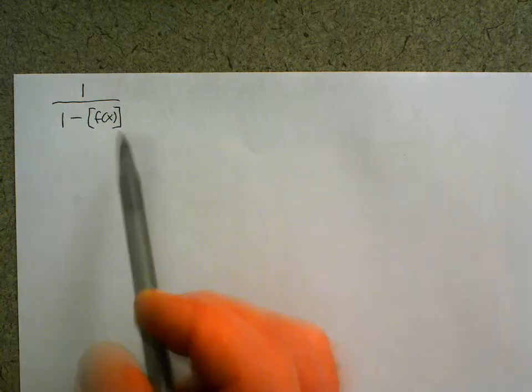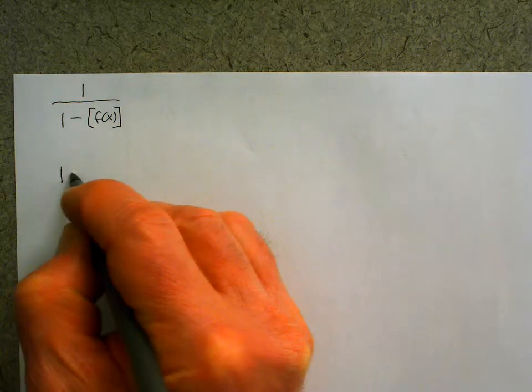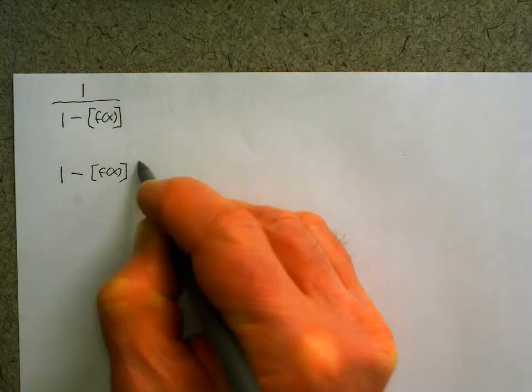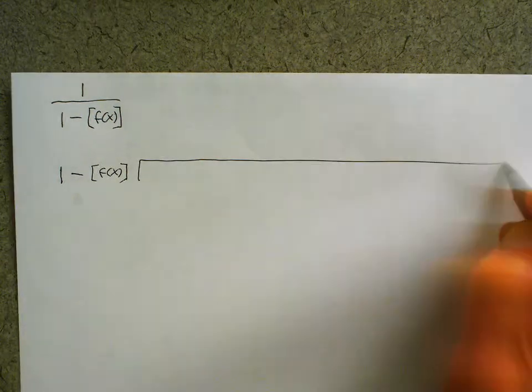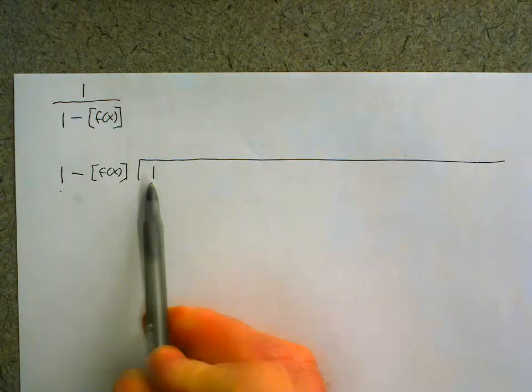If we use long division, that is, divide 1 minus f of x into 1. 1 goes into 1 one time.